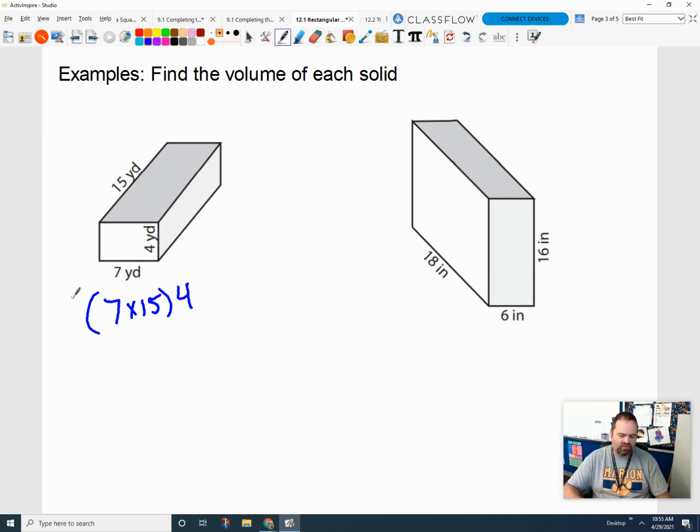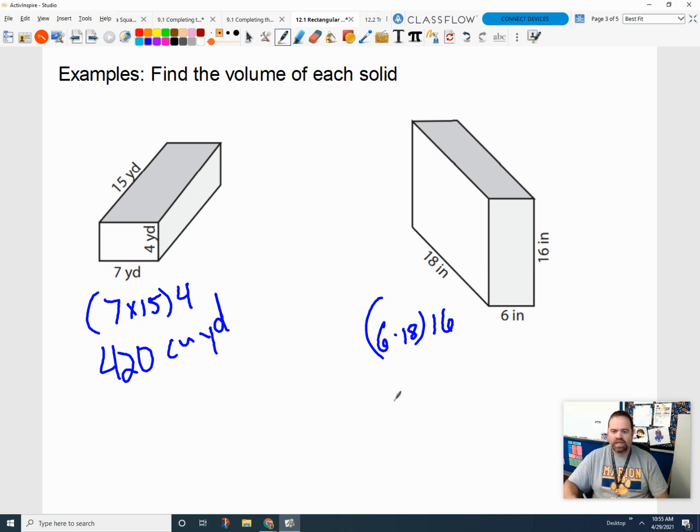This thing has a volume of 420 cubic yards. All right, same thing over here. That bottom layer, what it sits on, has an area of 6 by 18, and then it is 16 inches tall. So that is 1,728 cubic inches.